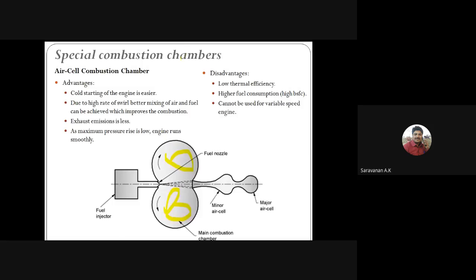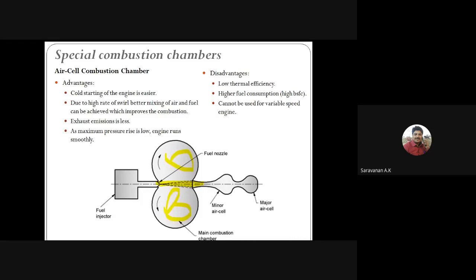Small holes, right? It is a small throat which is connected to the main chamber. The combustion is initiated in the air cell, and due to the high pressure rise, it flows back into the main chamber, right?